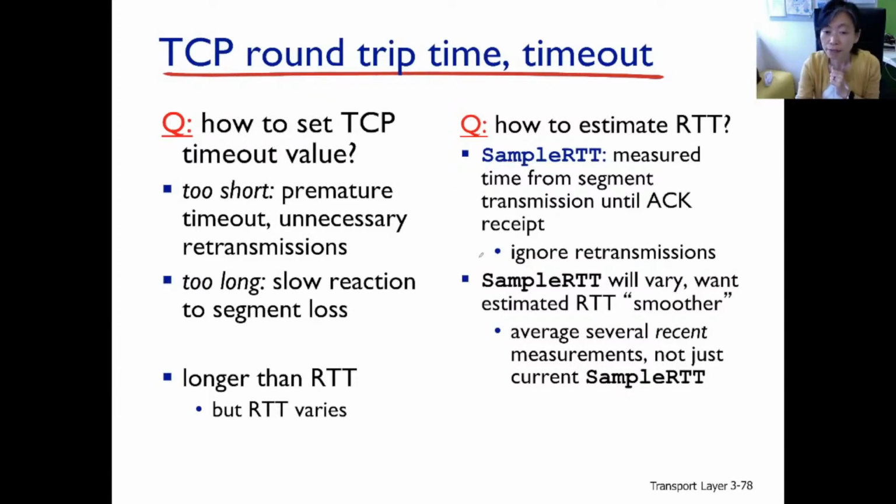We get lots of these sample RTTs, and they could vary quite a bit. So it's actually not good to use the sample RTT as the timeout interval for the next packet. So what TCP does next is to get a smoother estimation of the round trip time, by taking the average of multiple recent sample RTTs.